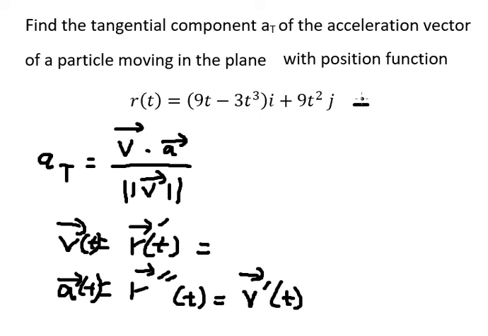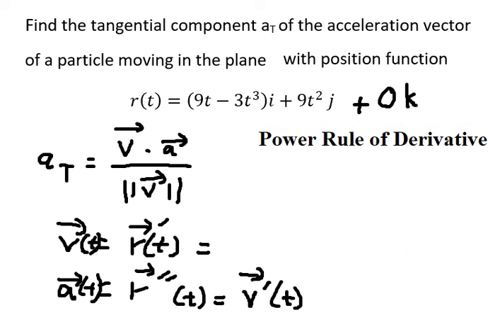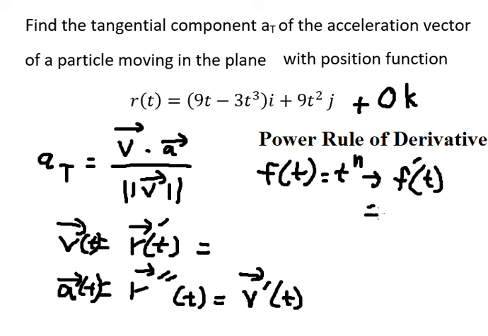We don't have k in here, which means this is 0k. So we can apply the power rule of derivative. We have the formula in here. For this one, the first derivative of t, we have number 1.